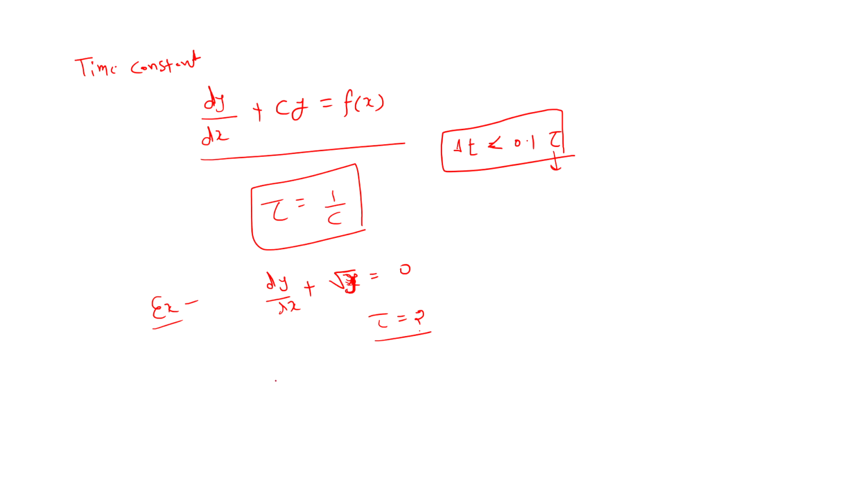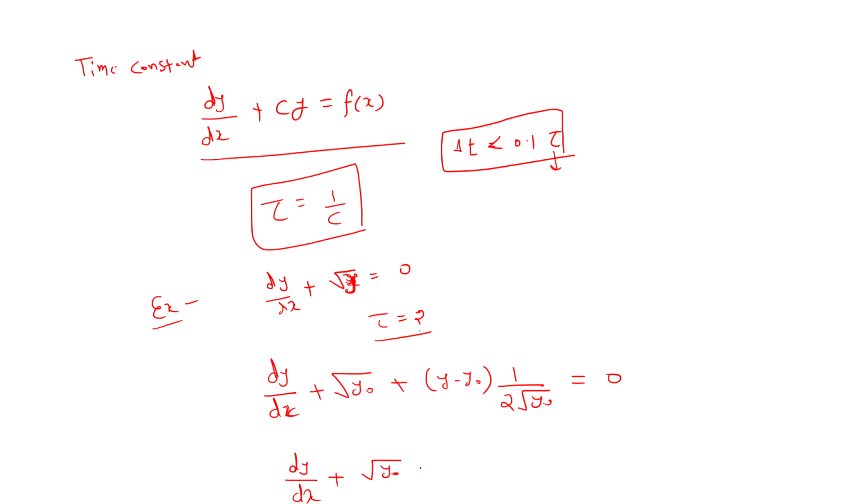So what we will do is write down the linearized form. What will be the linearized form? dy over dx plus root of y naught plus y minus y naught times 1 upon 2 root of y naught, and then it becomes 0. So I have dy over dx plus root of y naught plus y upon 2 root of y naught minus root of y naught divided by 2 is equal to 0.